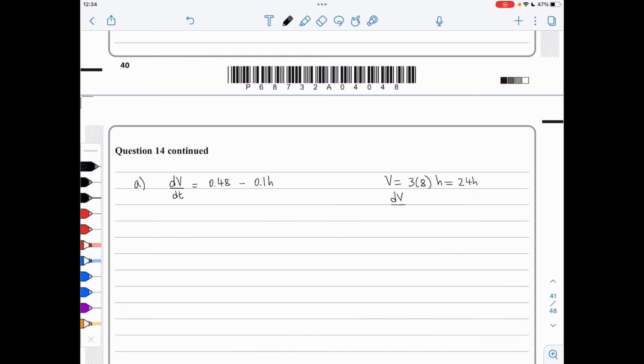So dV/dh is 24. And therefore, we can say through the chain rule that dh/dt is dh/dV times dV/dt. So dh/dV is simply the reciprocal of dV/dh, which is 1/24, times dV/dt, 0.48 - 0.1h.